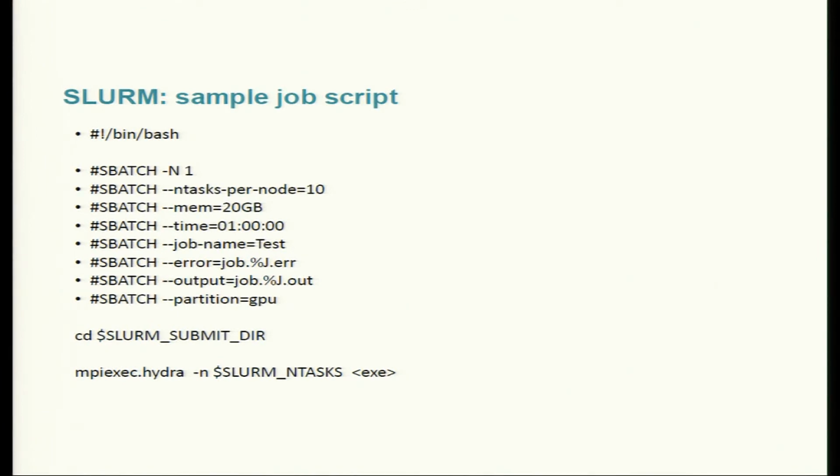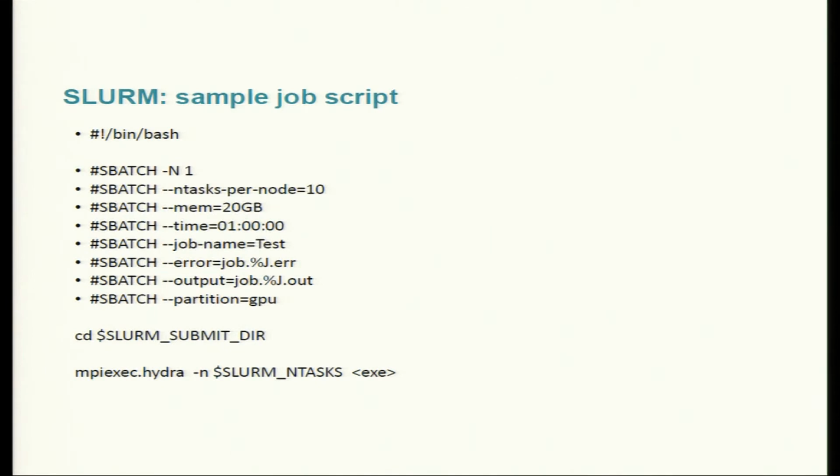So the directory from which we have submitted our job, right? That path is captured in this variable, and generally wherever we have our input, executable, or all the dependencies of my program, we run our job from there.